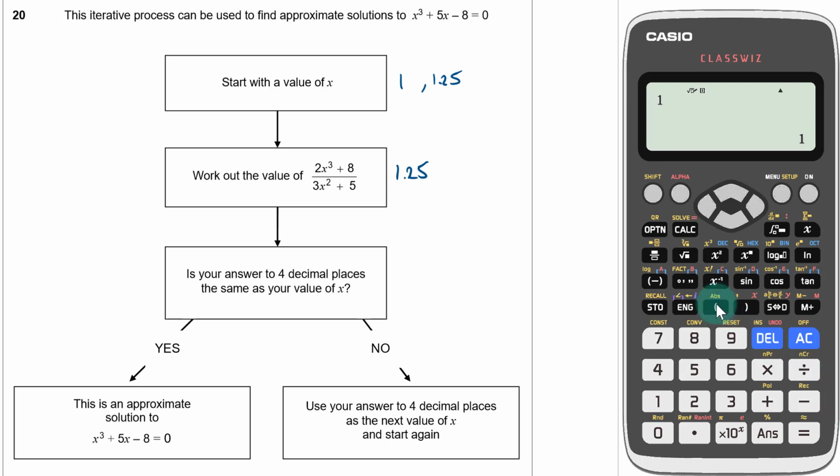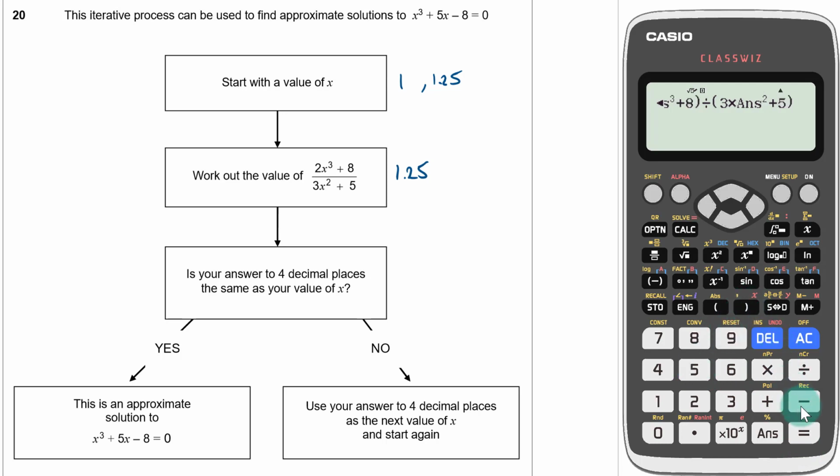So I'm going to type in open bracket 2 times answer cubed plus 8 close bracket divide by open bracket 3 times answer squared plus 5 close bracket.